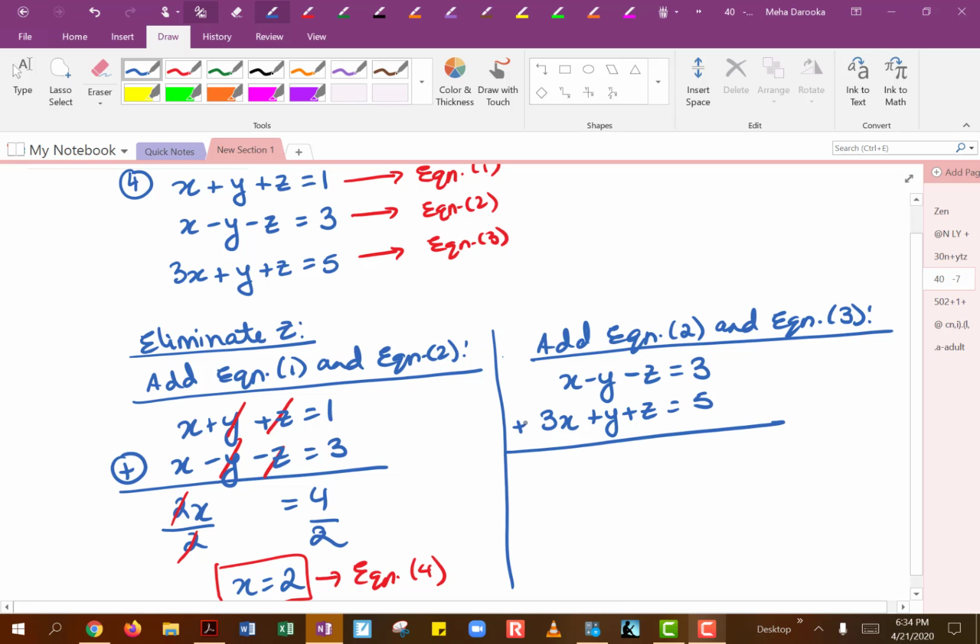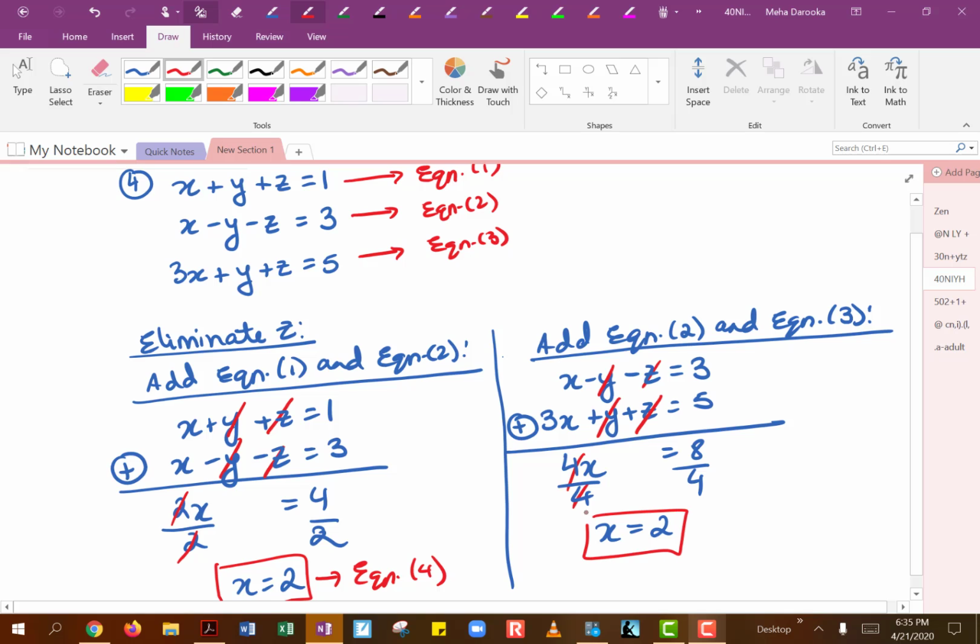So again, we're adding both of these equations. So negative y, positive y cancel out. x's will of course stay. Negative z, positive z cancel out, and that adds up to give us 4x equals 8. Divide both sides by 4, and you end up getting x equals 2.